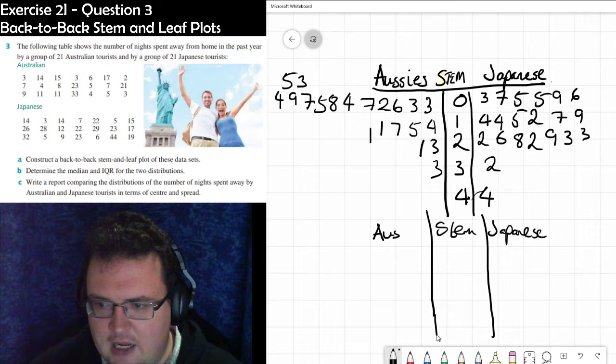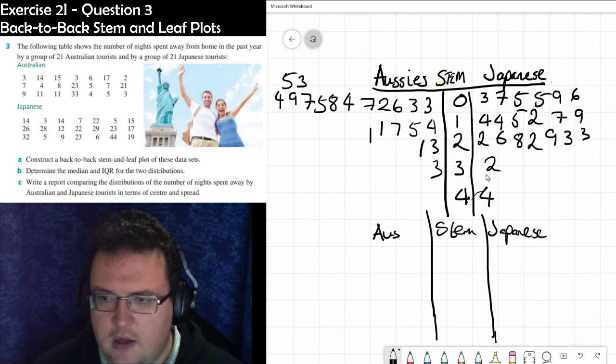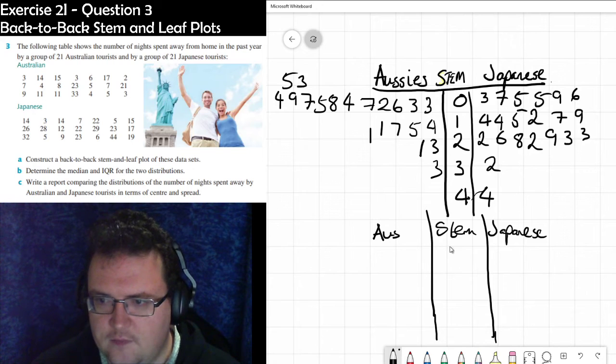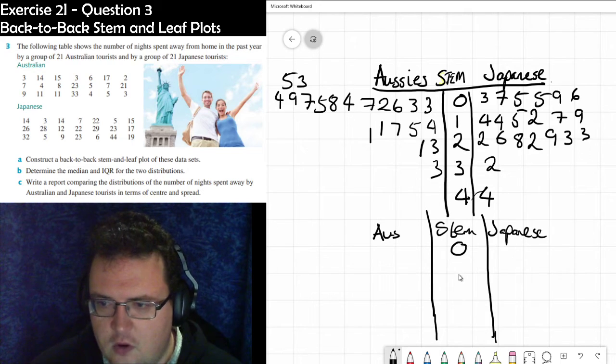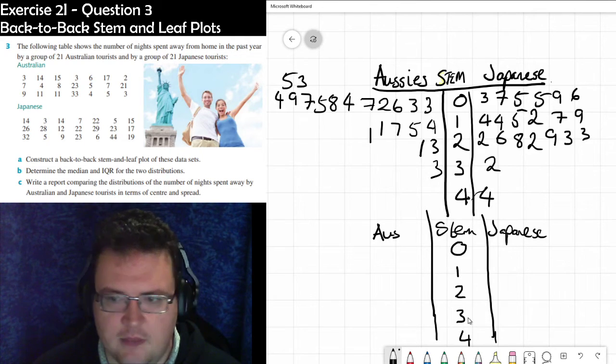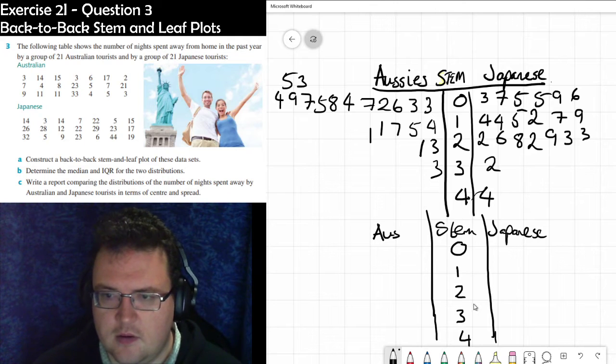I'm going to have to write a little bit smaller so I know what I'm doing. As I'm sorting these, I am going to cross them off my list. I'm going to have a bit more room now that I know what sort of numbers I'm dealing with and how big they are.